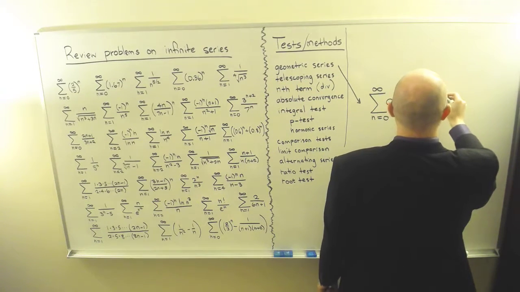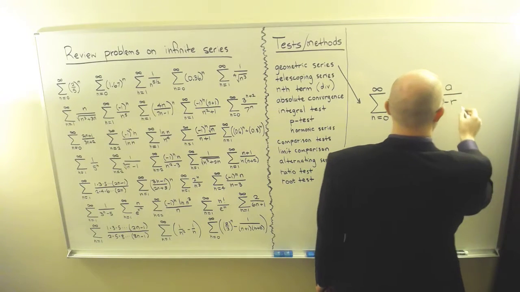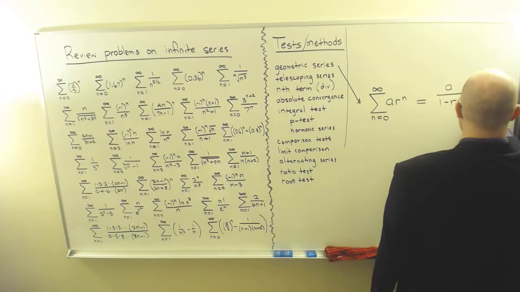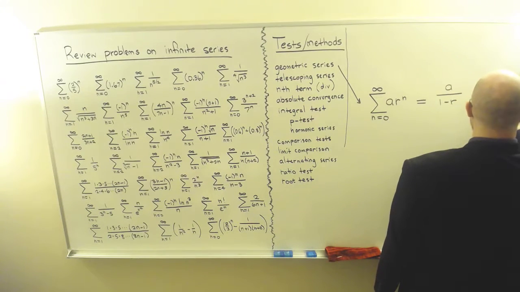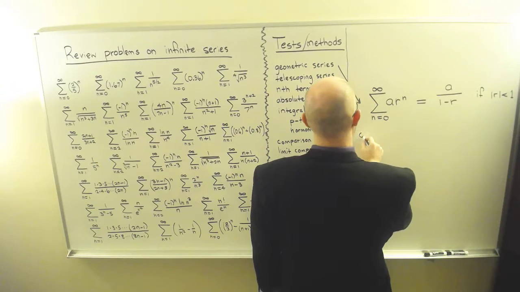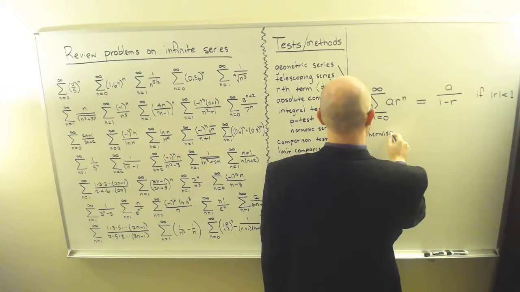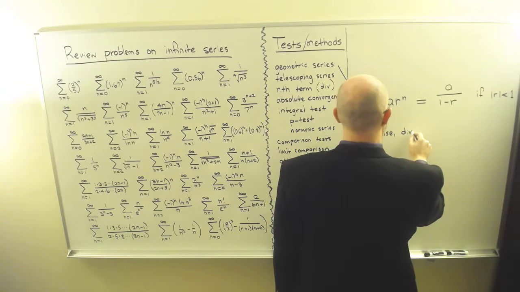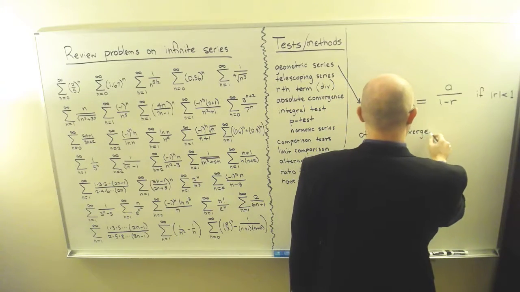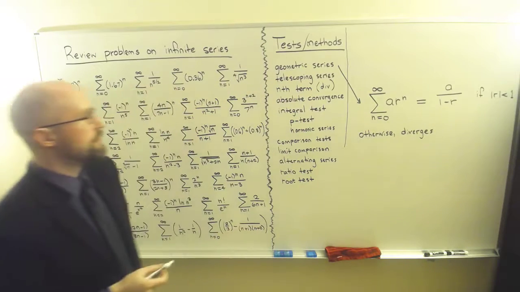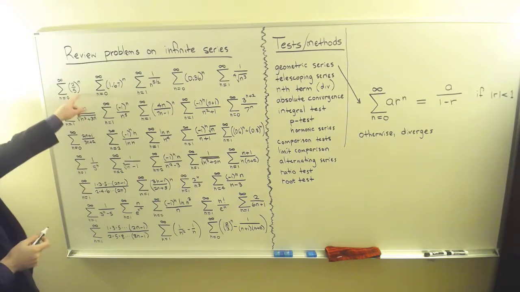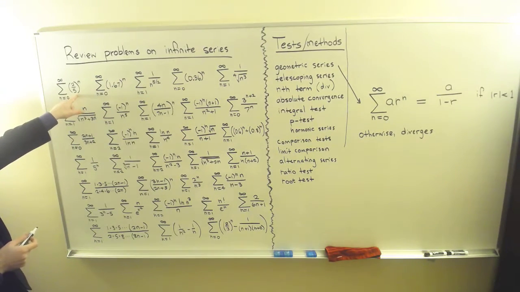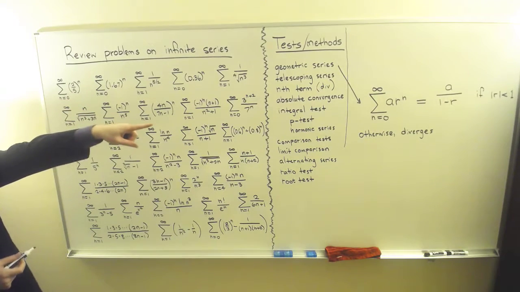Either this could be a over 1 minus r, and this is if the absolute value of r is less than 1, and otherwise the series diverges.